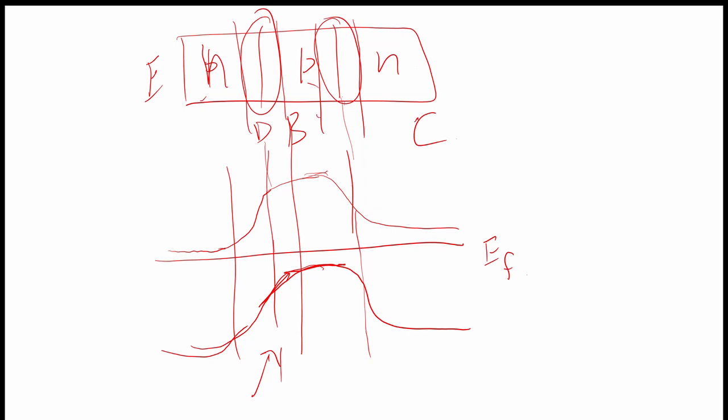Here is the abundance of the electrons, and here is the abundance of the electrons, but these electrons cannot flow because there is a barrier height. This is the barrier height. There is an excess of holes, and these holes cannot flow in this direction because there is a barrier height.